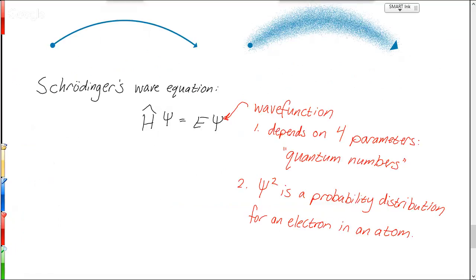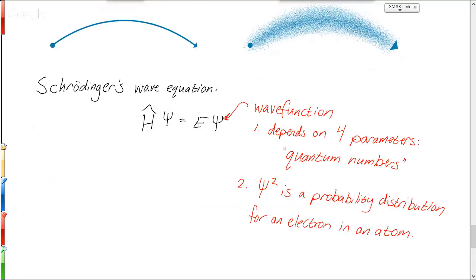So if we find this wave function, which is literally a mathematical function that has these different parameters in it, and you square it and graph it, you get the shape and the picture of where an electron could be in an atom.